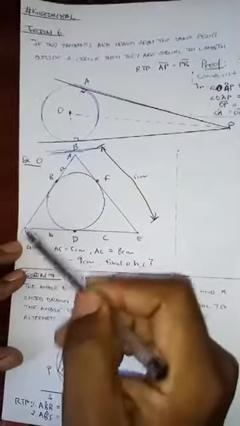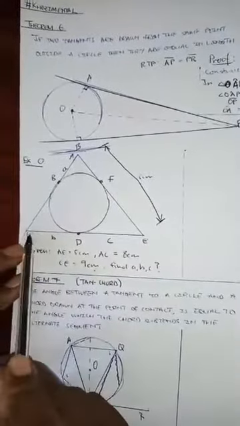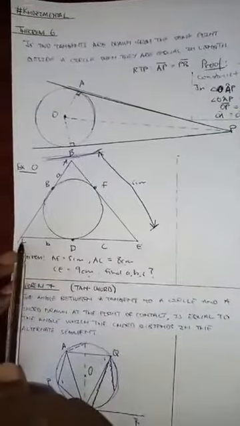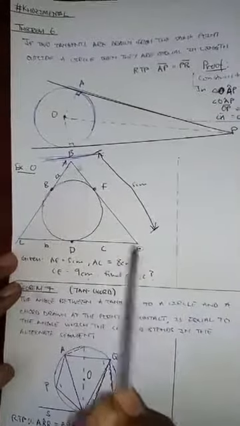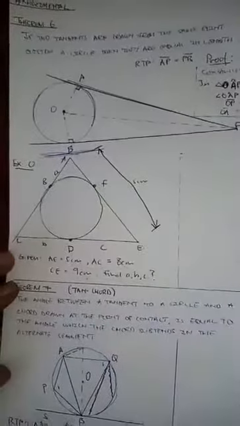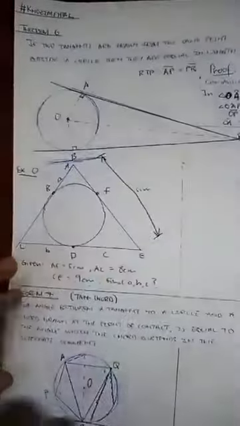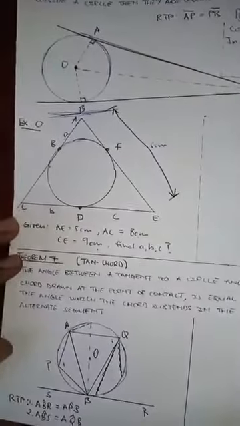Again, you have tangent CA being drawn from the point C with the tangent CE. Similarly, you have a tangent EC being drawn from the same point E with the tangent EA. So already you can see the information that you have. So what can we say?